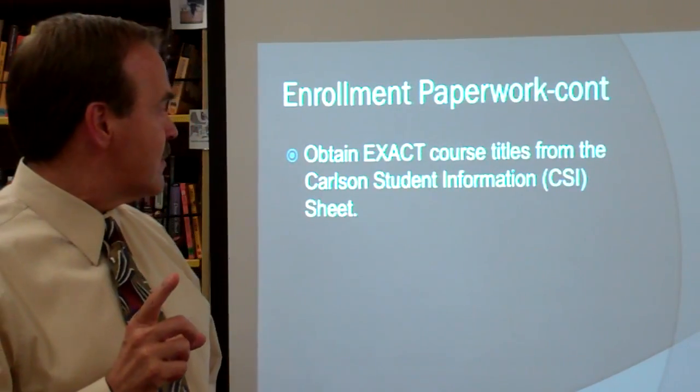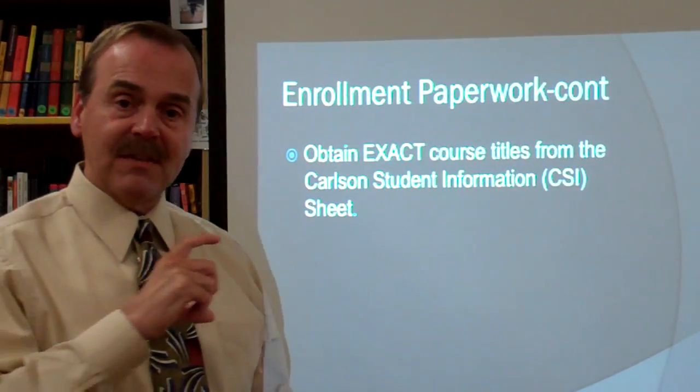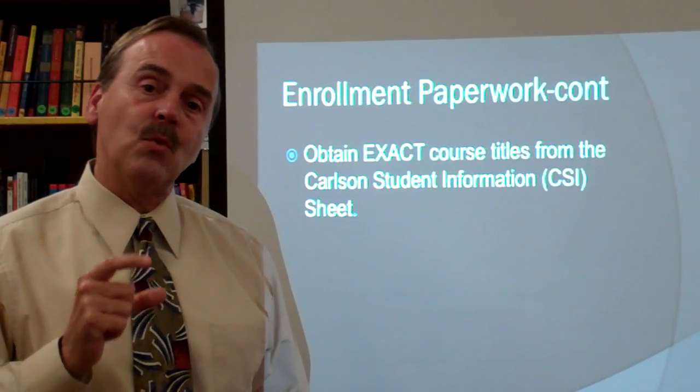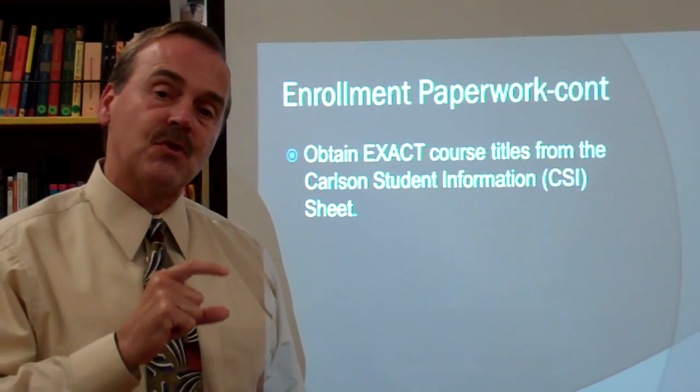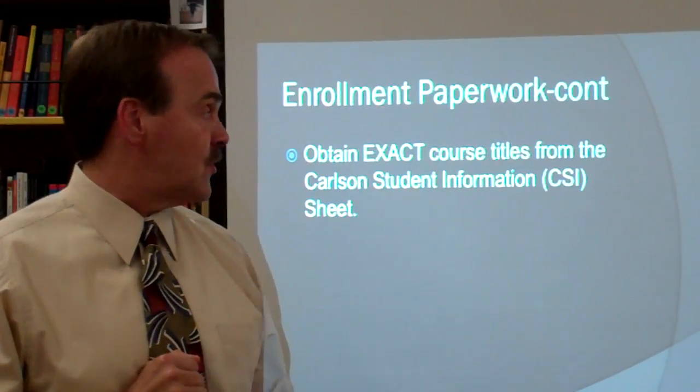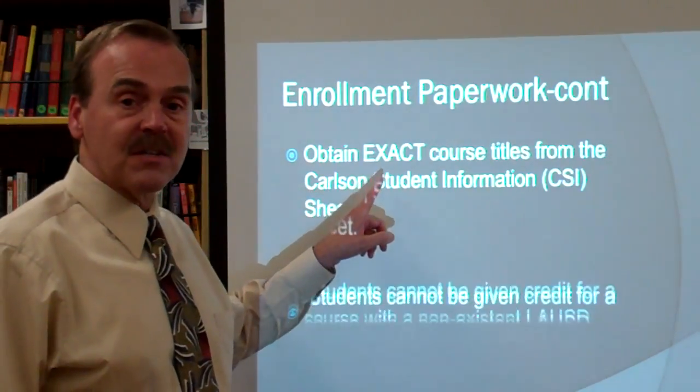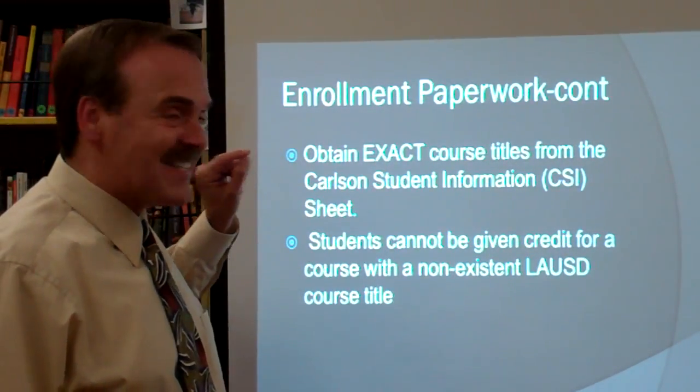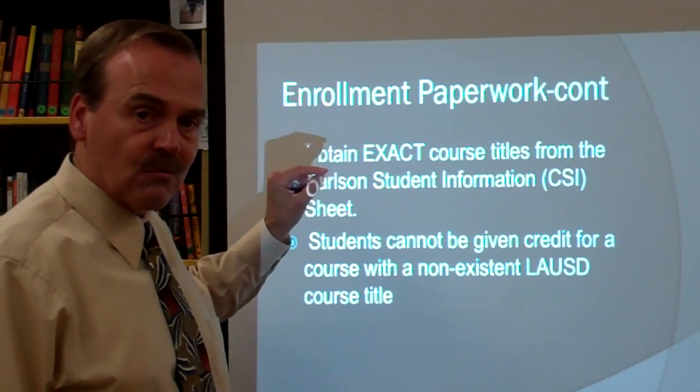Now, one of the things that you will be getting in the CSI document is what classes to put the student in, what Carlson classes. You must enroll the student in the exact course titles that you're told to enroll the student in.